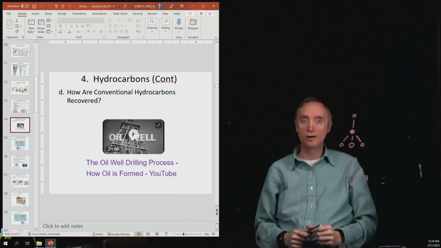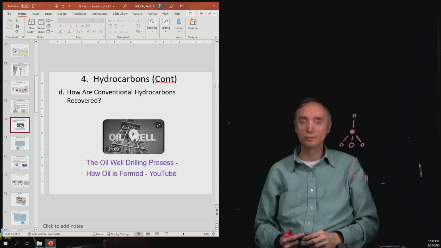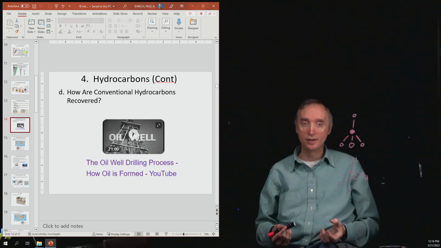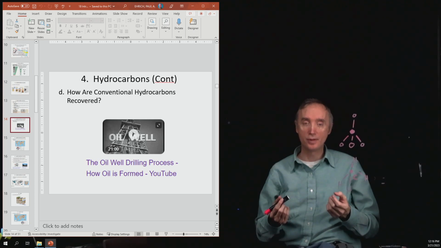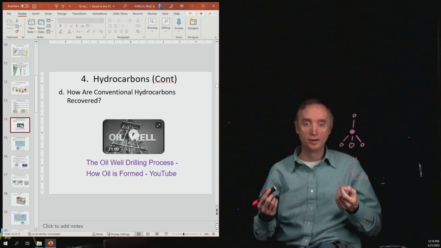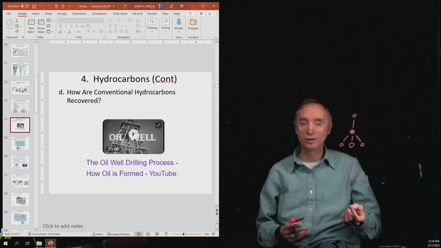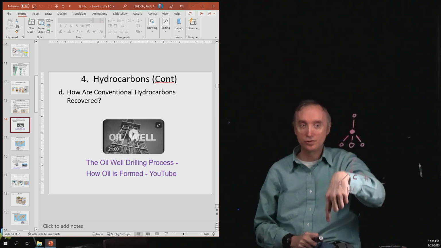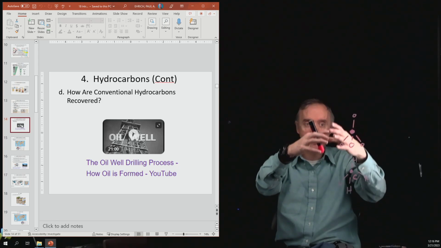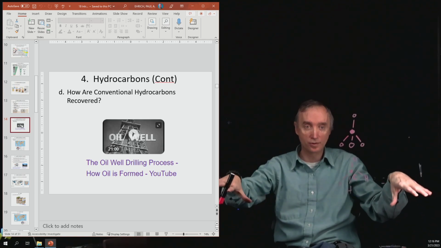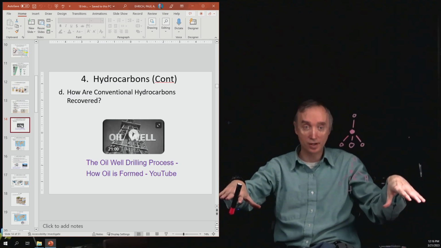So how are conventional hydrocarbons recovered? So this is your traditional oil wells that you may have seen from the 1930s, 40s, 50s, 60s, in which they are going to drill down to it. They have to put a casing in there in order to keep the oil from mixing with the surrounding rocks and the water table.